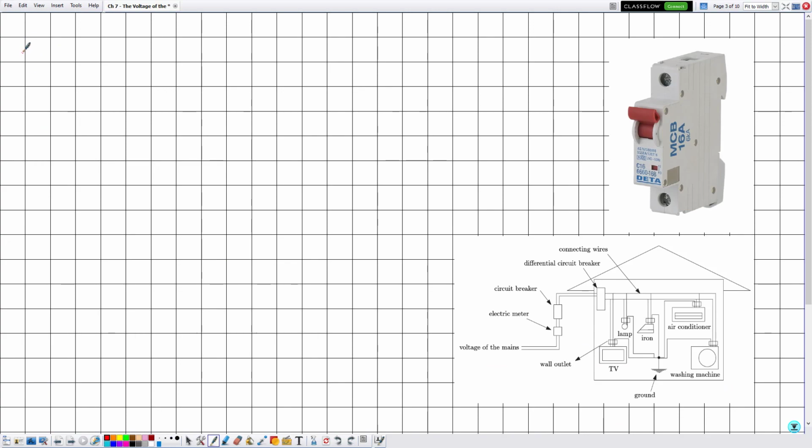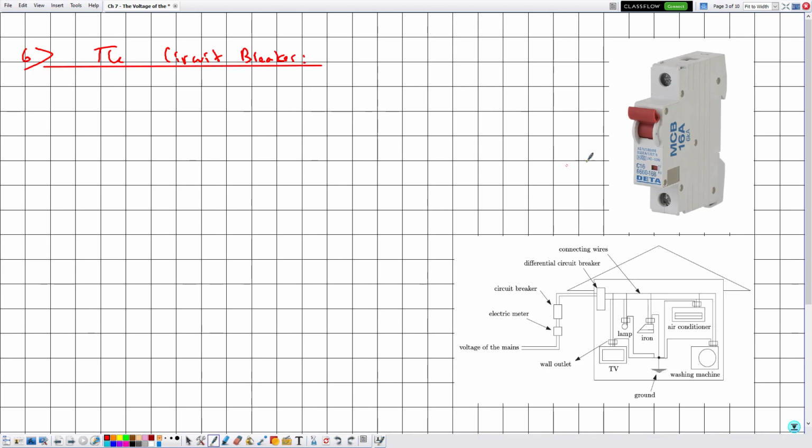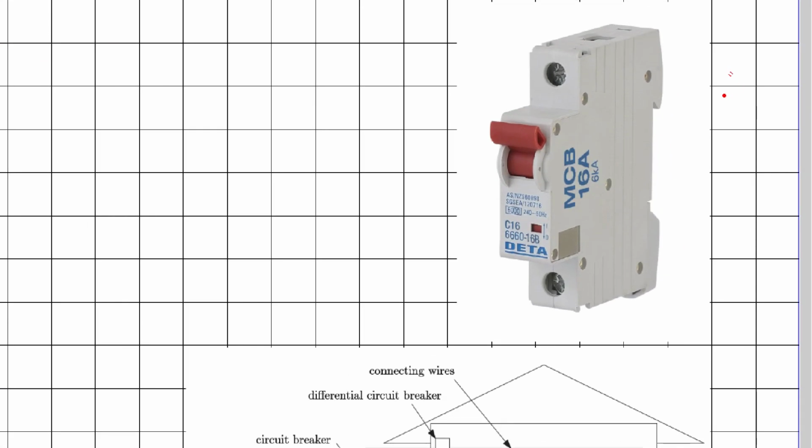Now let's discuss what is a circuit breaker. Now this is the circuit breaker.